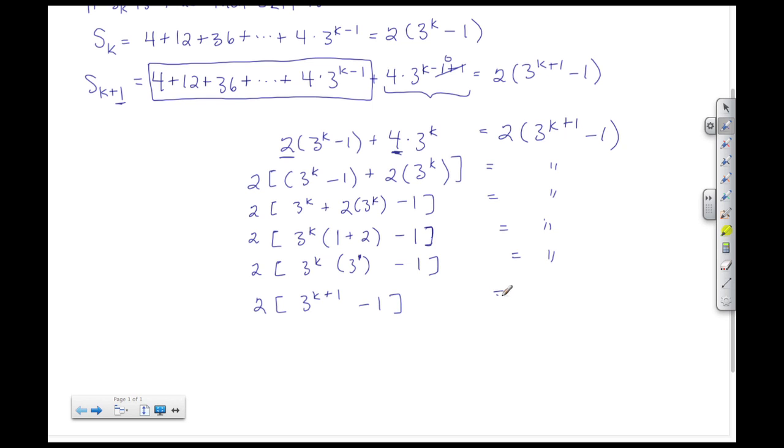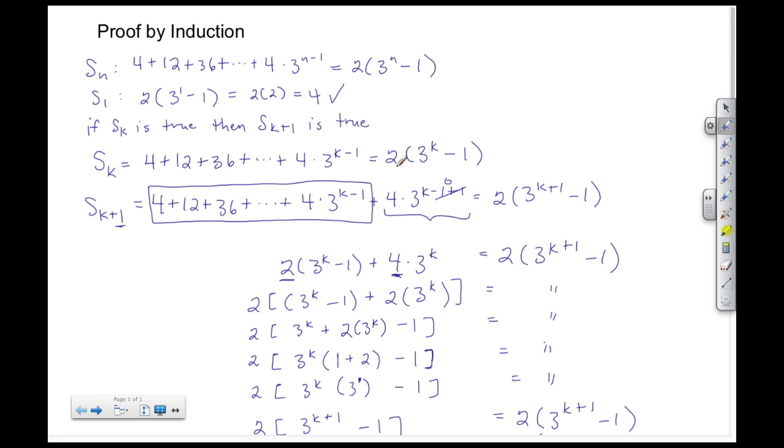In this step, I'm going to rewrite what I have up at the top: 2 times 3 raised to the k plus 1 minus 1. We see that both of these expressions match. So now we've proven by induction that this expression is equal to this series for every positive value of n.